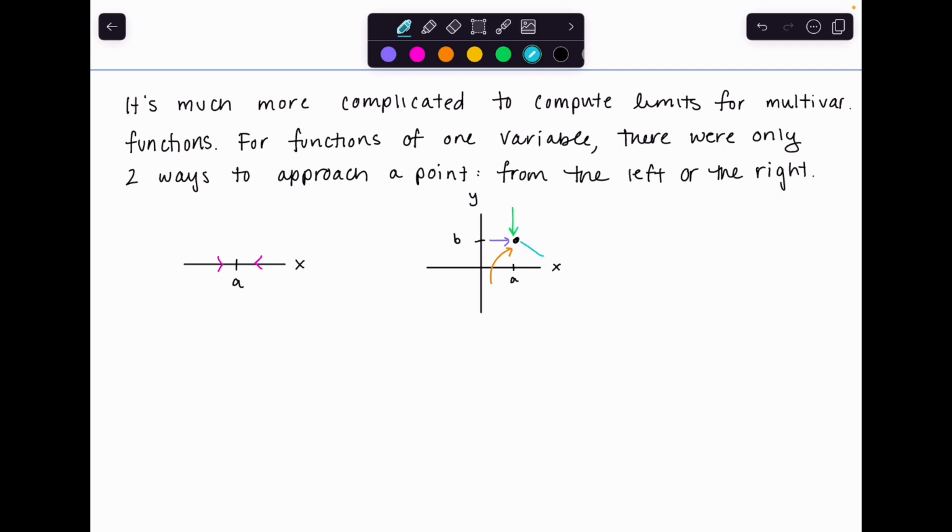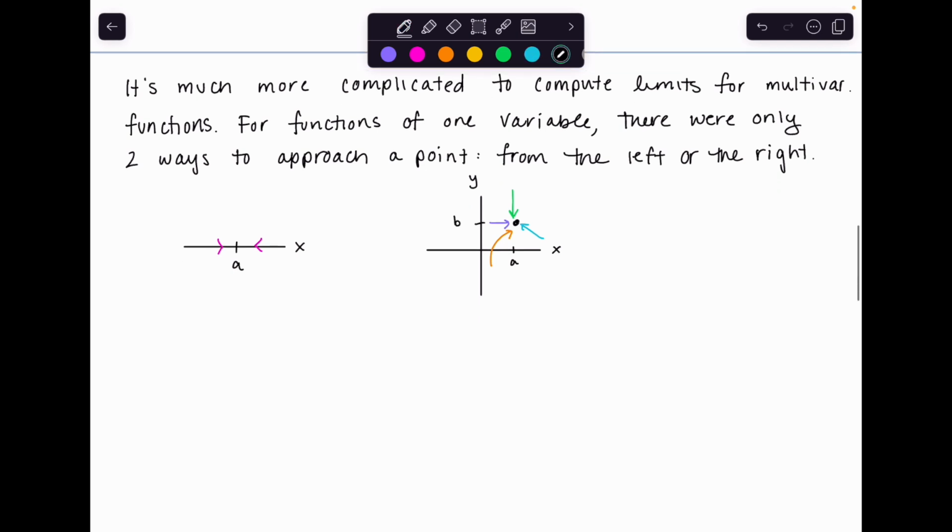I could come at an angle. There are an infinite number of ways I can approach that point. I can make it messy and come in on a trig function. I can make it come in through a natural log. There's no set way to approach a point.